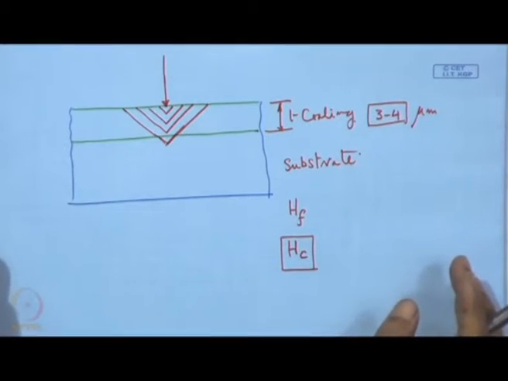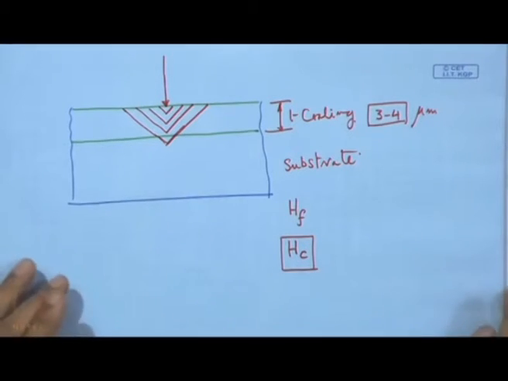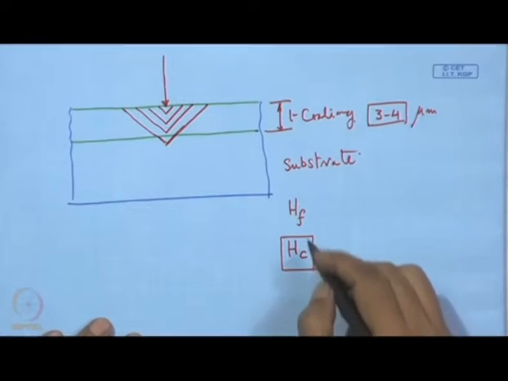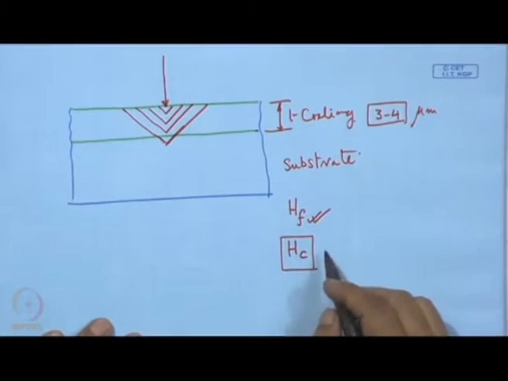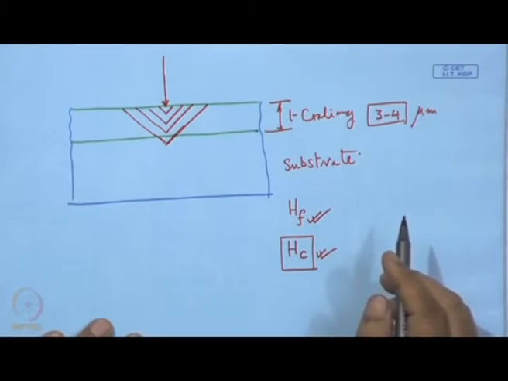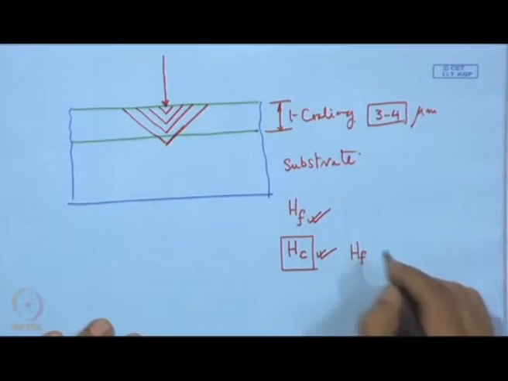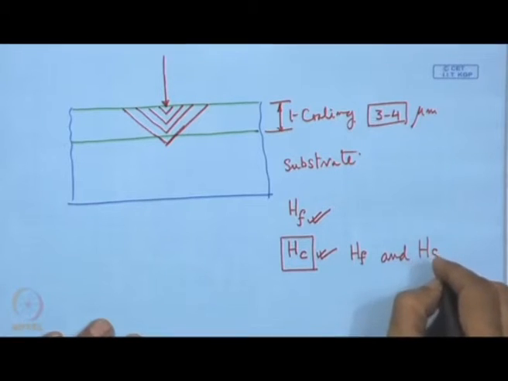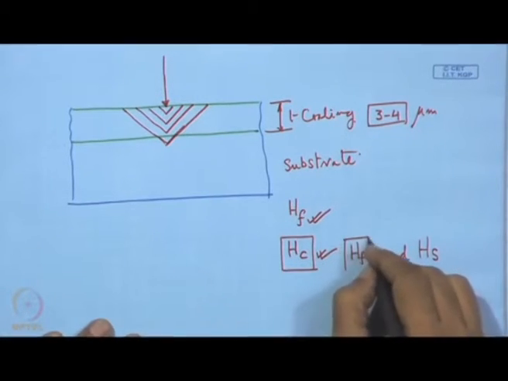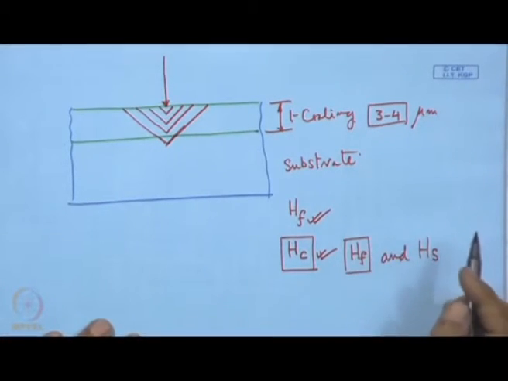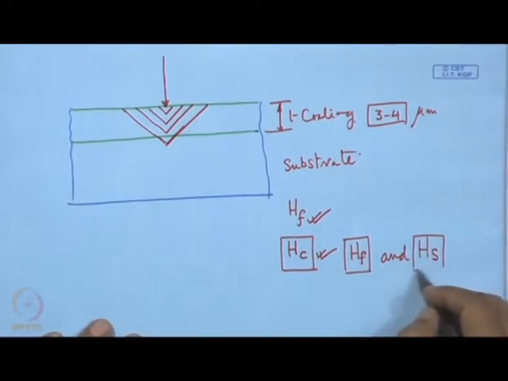Now, at the outset what we can say is that by this technique in most cases we can hardly measure the film hardness, but what we measure is actually the composite. That means it is the influence of HF and the influence of HS. HF means, had it been just a coating, its hardness, and HS is the substrate alone.